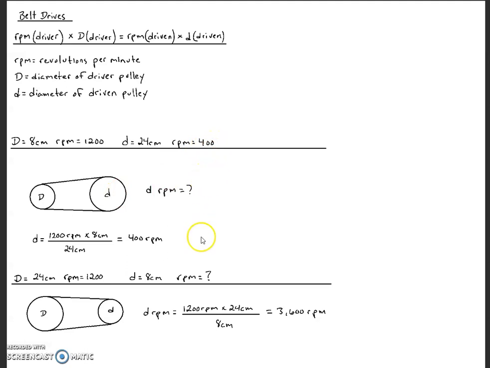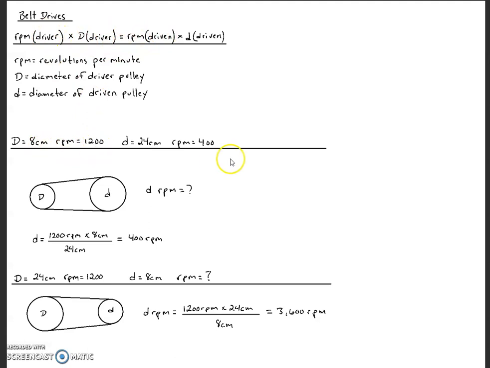Now all this is given already, let's say we want to calculate for the RPM of the driven pulley.